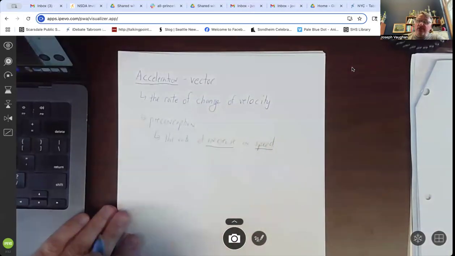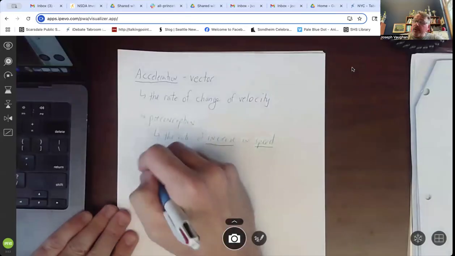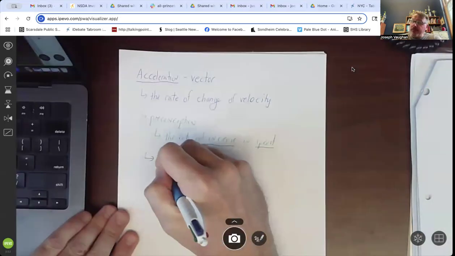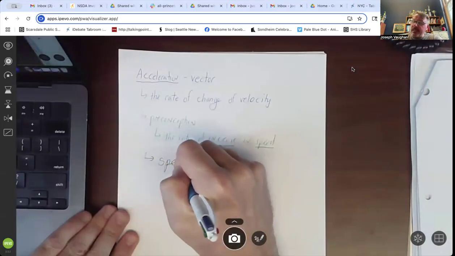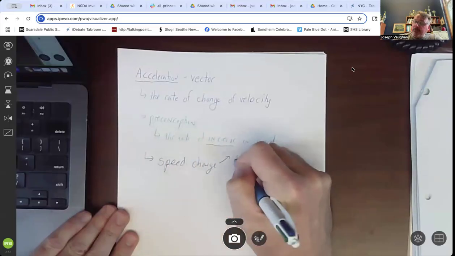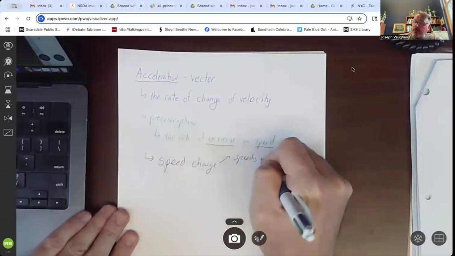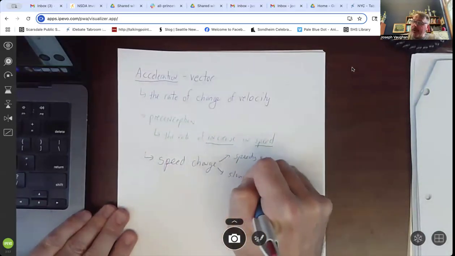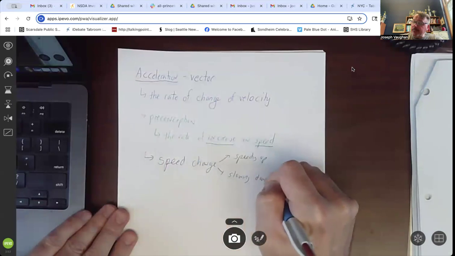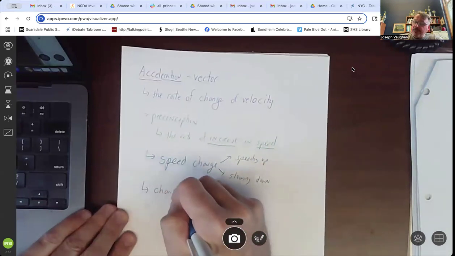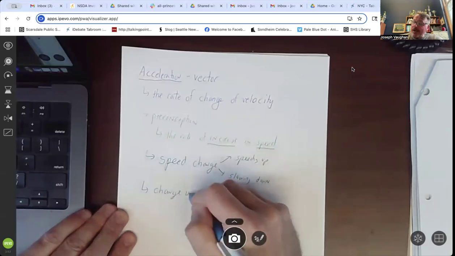That means that there are three things that we could be looking at and see that acceleration is occurring. The first is that the speed can change, and that change in speed could be either speeding up, the way we traditionally think about acceleration, or slowing down, and that is acceleration. And then the other thing we could say is that there's a change in direction.